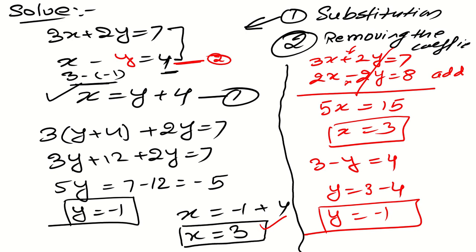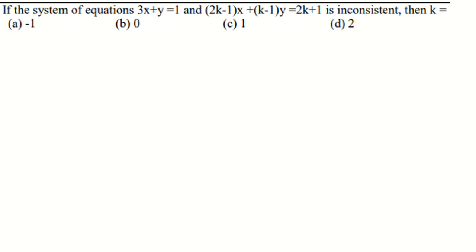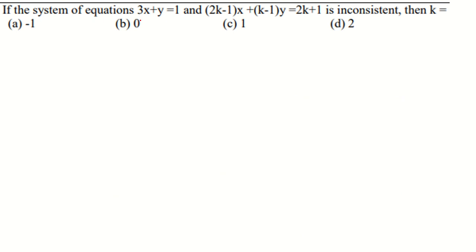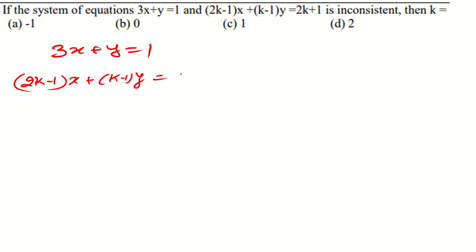Now let's talk about some questions to practice, just to make sure these formulae can be used somewhere. For example, if the system of equations 3x plus y equal to 1 and (2k minus 1)x plus (k minus 1)y equal to 2k plus 1 is inconsistent. Inconsistent means no solution. And what was the condition for no solution?